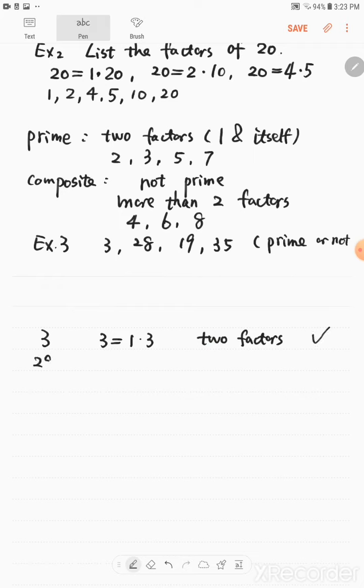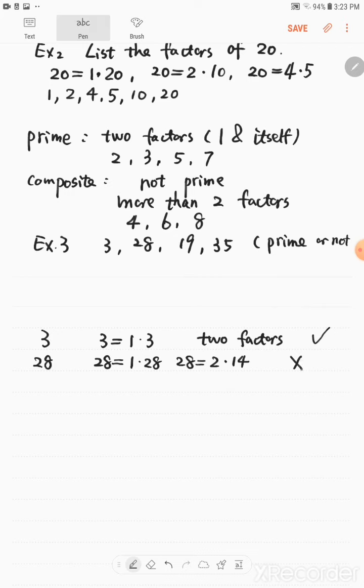Let's check 28. We can write 28 as 1 times 28. And 28 can also be written as 2 times 14. So it's already more than 2 factors, right?